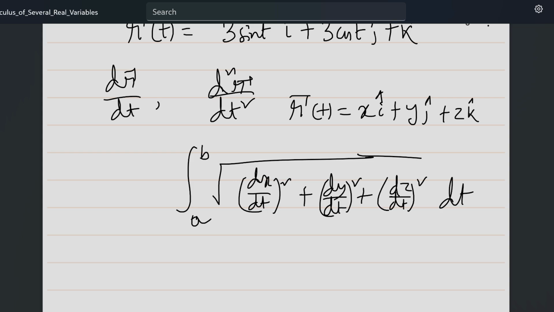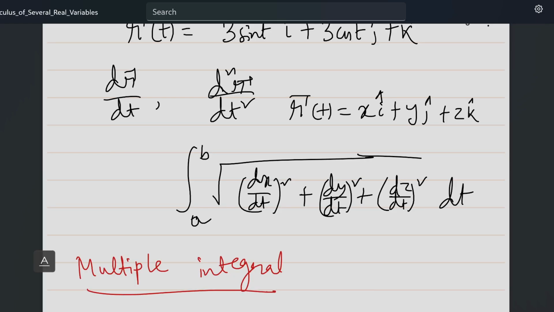Yes, sir. Okay, so next I will move to multiple integrals. It is the most important chapter of your course. Why? Because most of the time you have to write the limits carefully. The limit of the integral is most important, because if you write the wrong limit, then your answer is wrong.